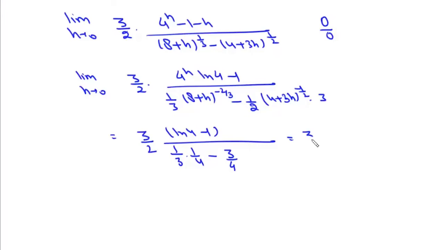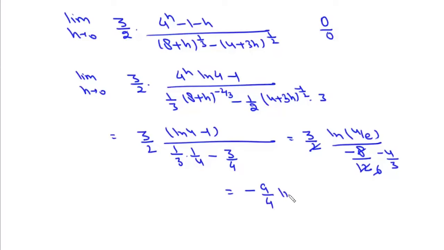Now we can write this as 3 by 2 log(4/e), and here if we take LCM, it will be minus 8 by 12. Now this is 6 and this is minus 4 by 3. So this value will be minus 9 by 4 log(4/e), and that is the answer to this limit.